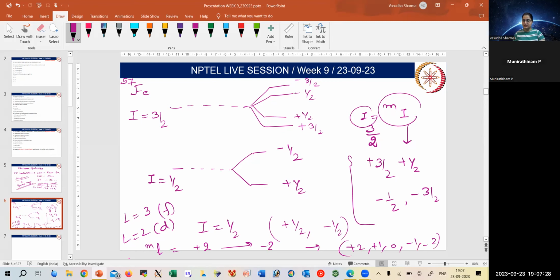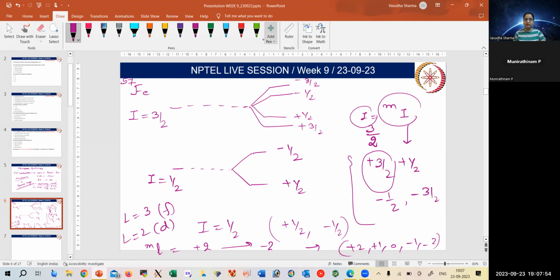Similarly, in the case of nuclear spin states, we consider the MI values, just as with the L quantum number we have ML values. It goes in a similar fashion, starting from one value with a difference of 1. This way we know how many splittings could happen for a particular nuclear spin state.